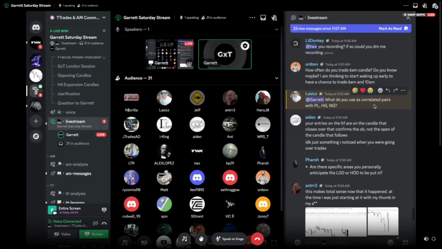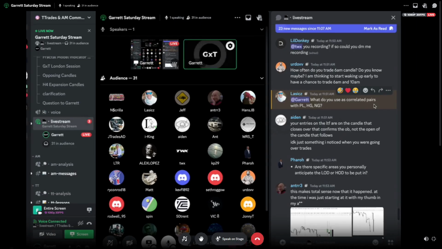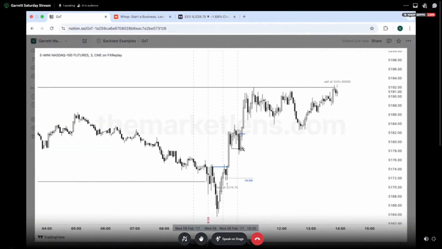The orders on a lower time frame are on the candle that closes over the open of the candle. Oh, yeah, I mean, that's the same thing though. I think this is what you're asking. If I entered on the close of the candle that created the CSD, that's quite literally the same thing as entering on the opening of the next candle.